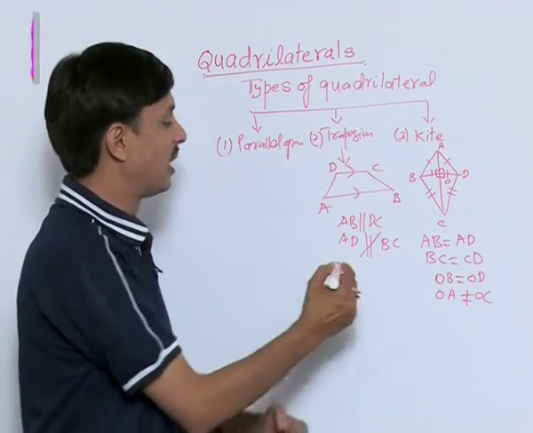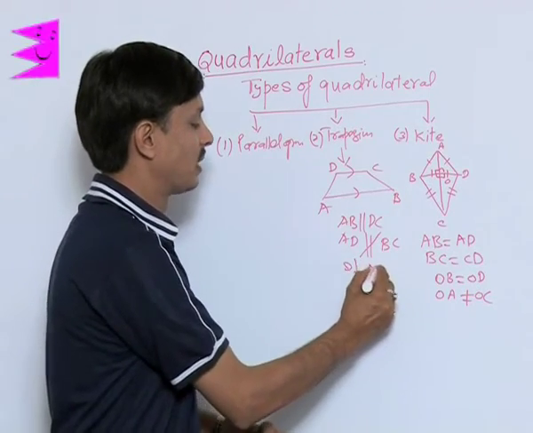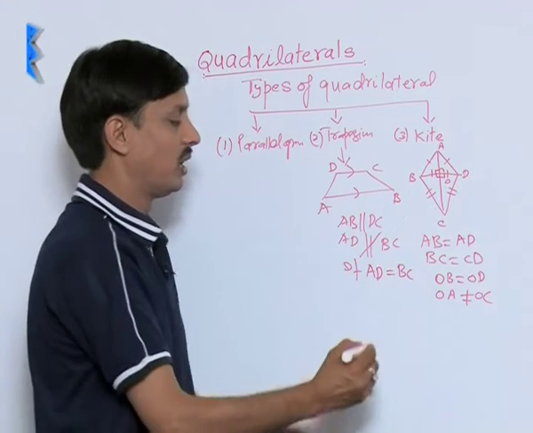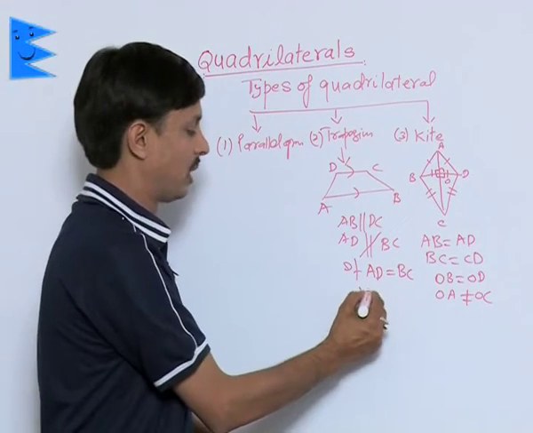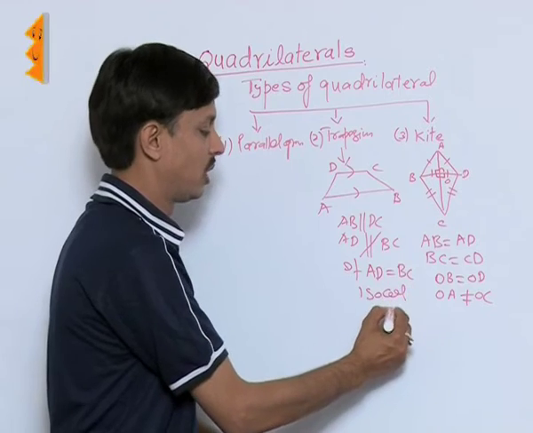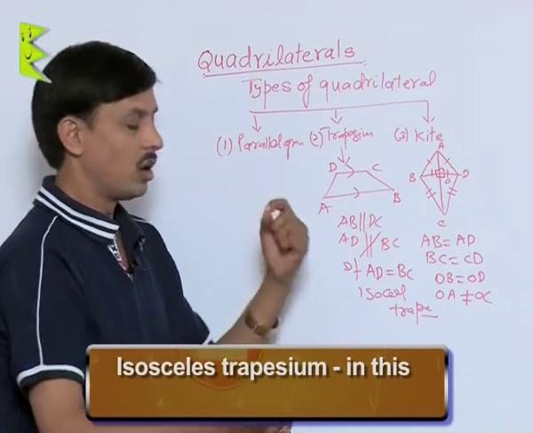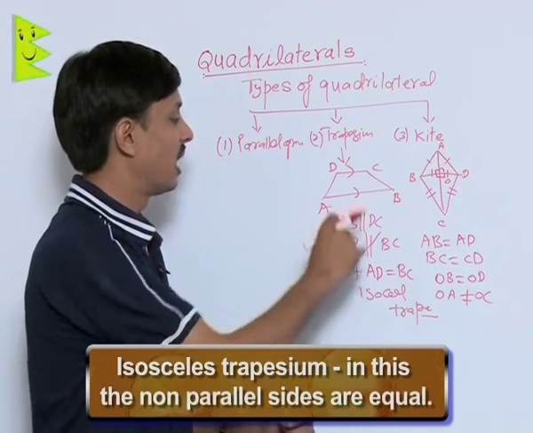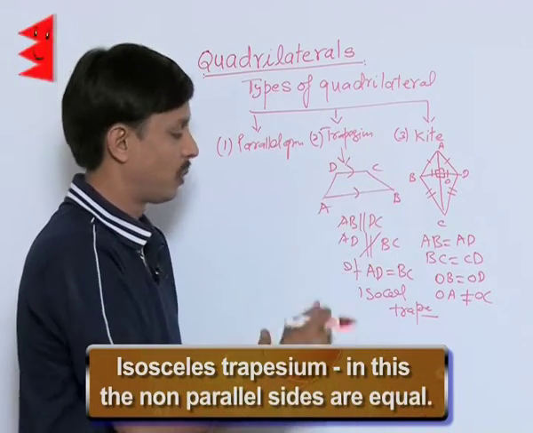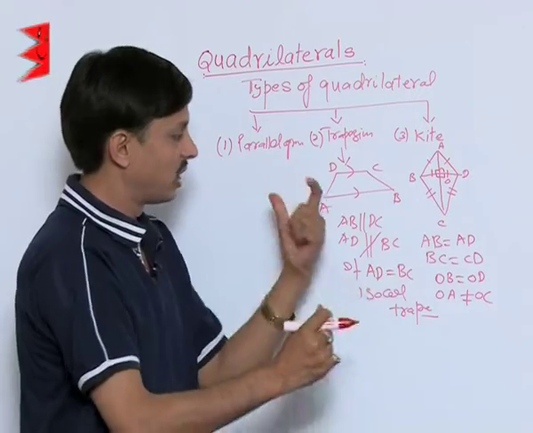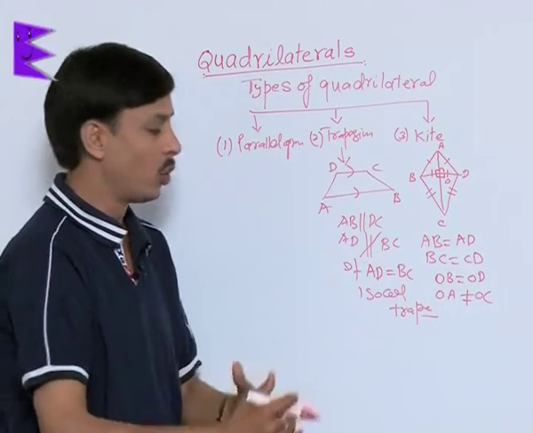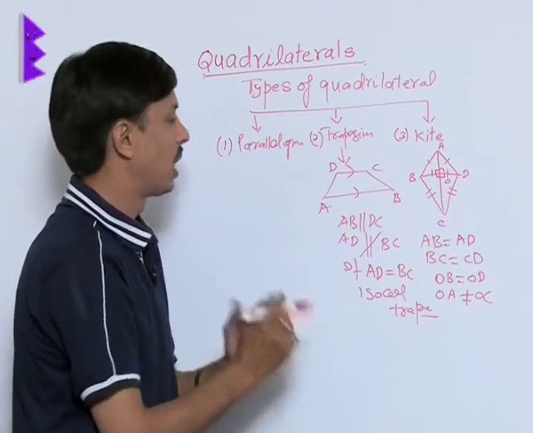If non-parallel sides AD and BC are equal, then the name of the trapezium becomes isosceles trapezium. Isosceles trapezium is that in which non-parallel sides are equal. AD and BC are non-parallel sides. If their length in a trapezium is the same, it is known as the isosceles trapezium.